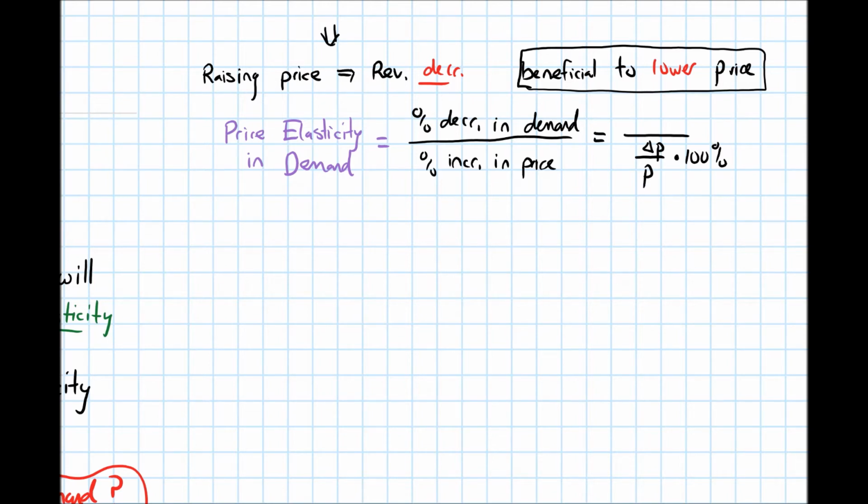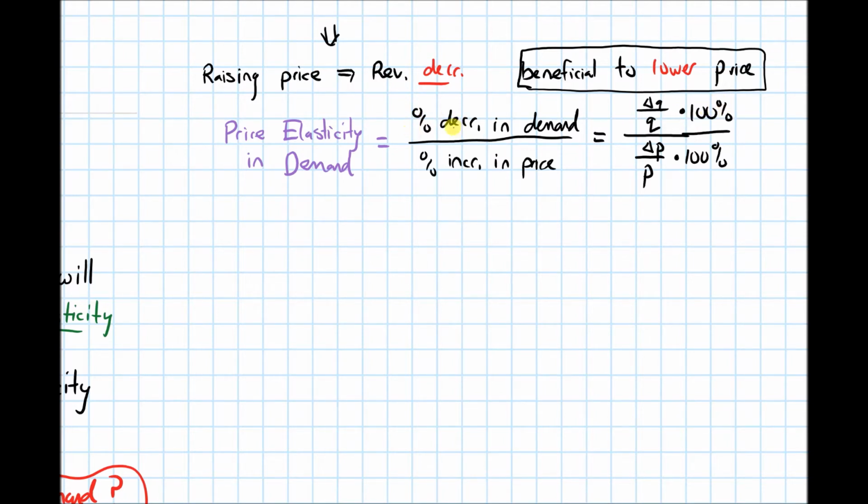So I'll measure it as the change in demand divided by the initial demand, which I'll call Q. Very similar to what we did on the denominator. And to make it a percentage, I'll multiply this by 100%. But because I want the percentage decrease, to account for that, I need to stick a negative in front of this.